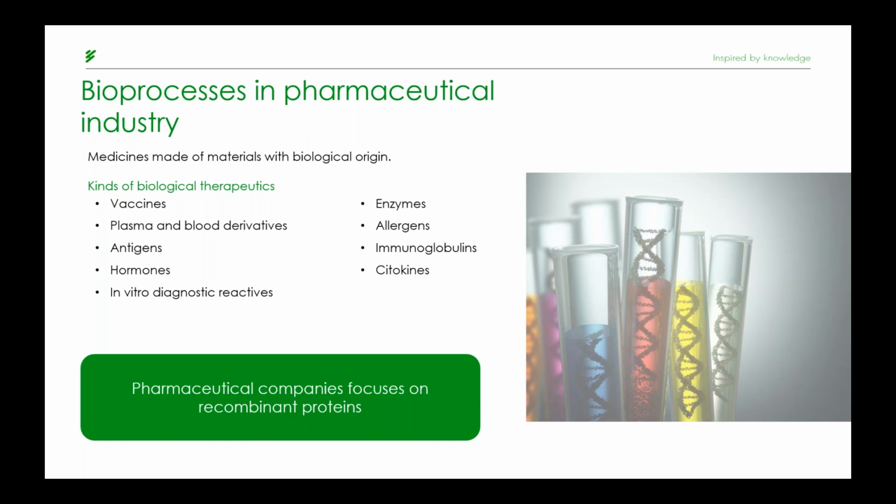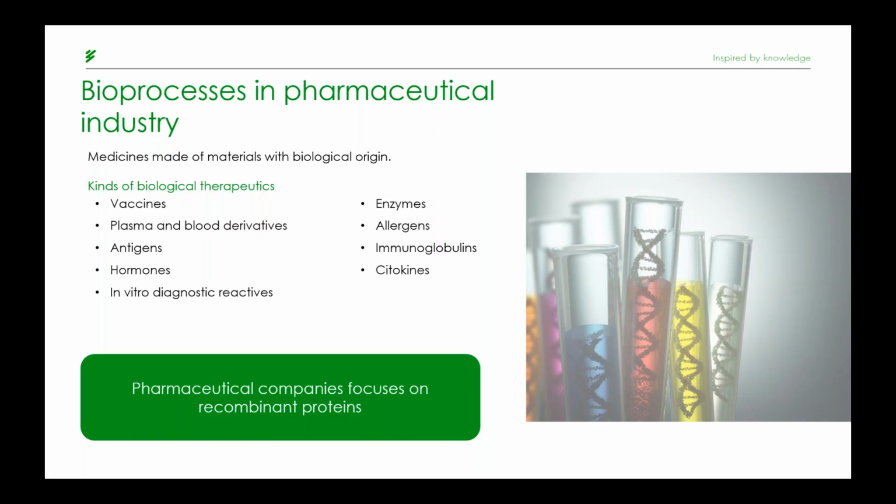According to the WHO, the World Health Organization, biopharmaceuticals are medicines made from materials of biological origin, such as microorganisms, organ tissues of plant and animal origin, cells and fluids from humans or animals, and biotechnological cell design.